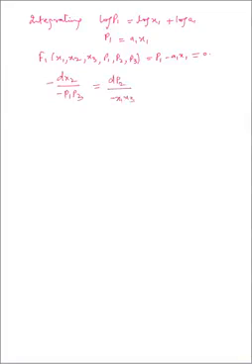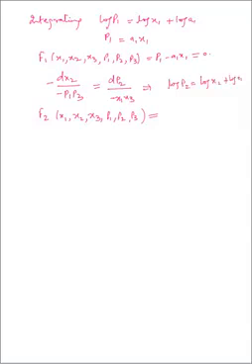When we solve it, we will get f2 of x1 x2 x3 P1 P2 P3. We will have log P2 is equal to log x2 plus log A2. So P2 minus A2 x2 is equal to 0.